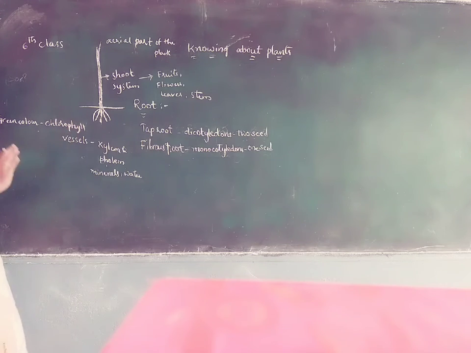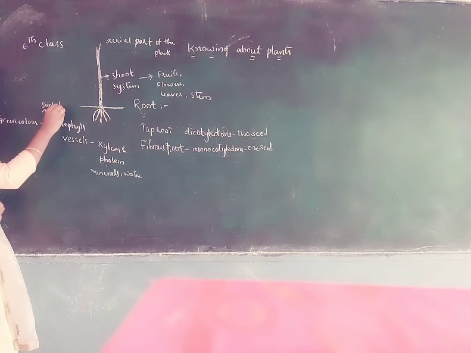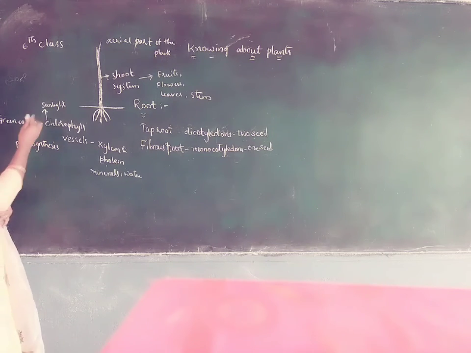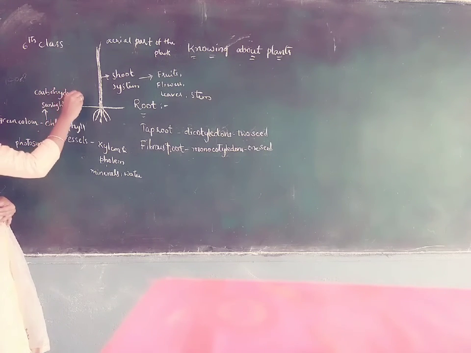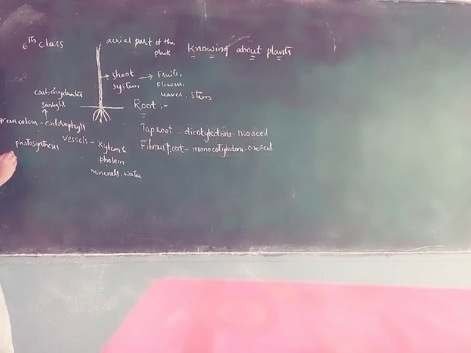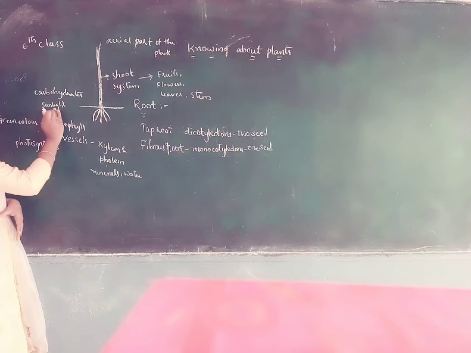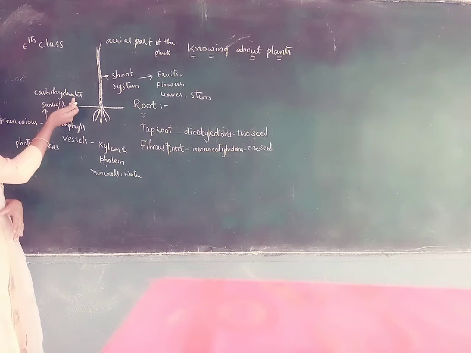In the presence of chlorophyll, the leaf absorbs sunlight and undergoes photosynthesis, and they produce carbohydrates.